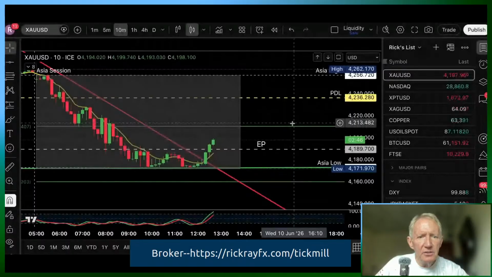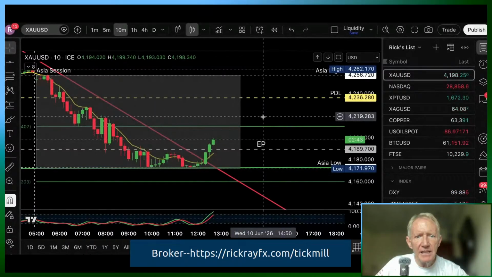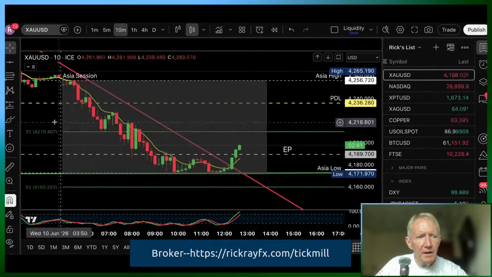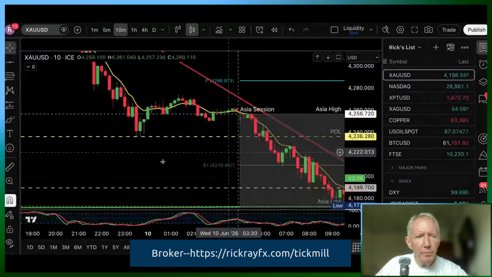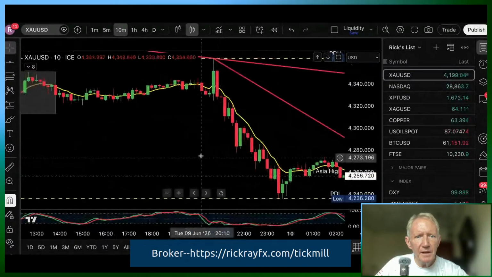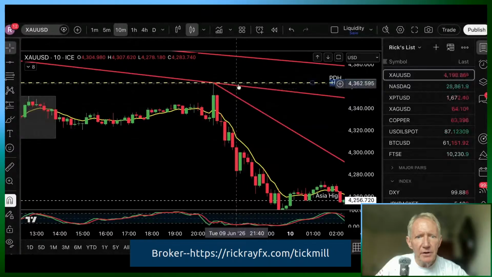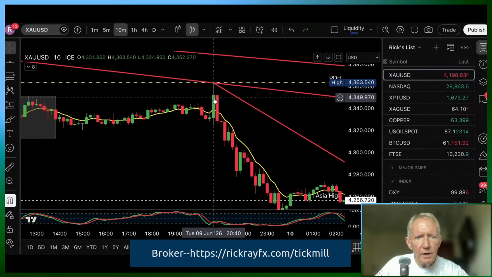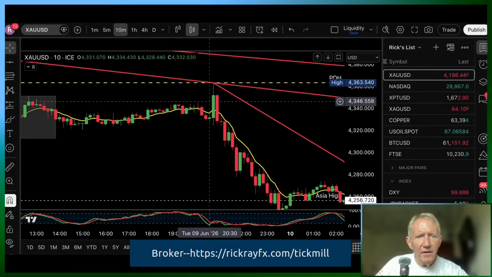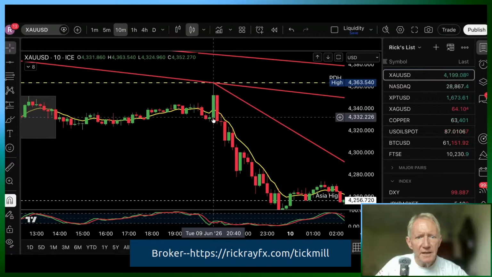Oh, by the way, did you see that last night? That was a classic liquidity grab. Now, I've already moved my previous day high. Okay, it's up here now. The previous day high was right about here, or no, maybe even right in here. And then this is 10 minutes after Wall Street opened. Boom!